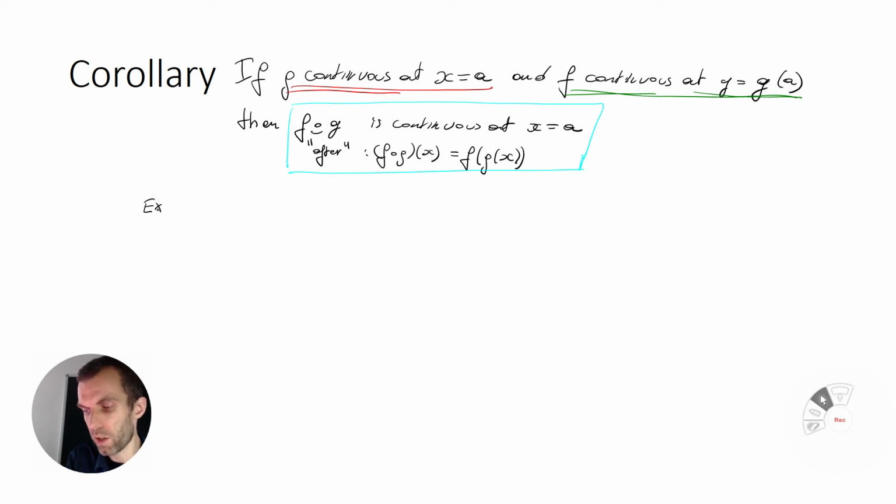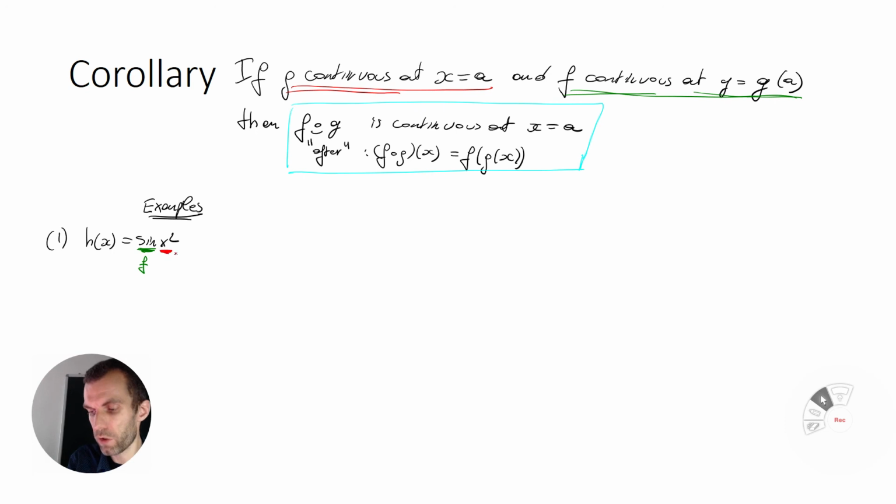So let's look at a couple of examples. For the first example, we'll take h of x equal to sine of x squared, and we're interested in where this function is continuous. We see that it's a composition. The outer function, the f, is again my sine.